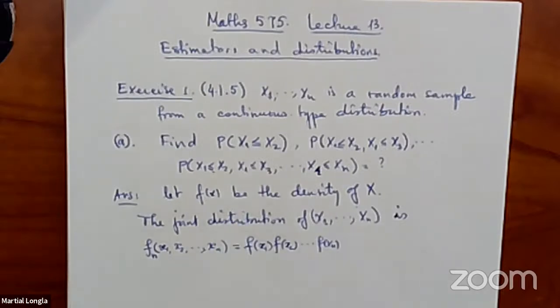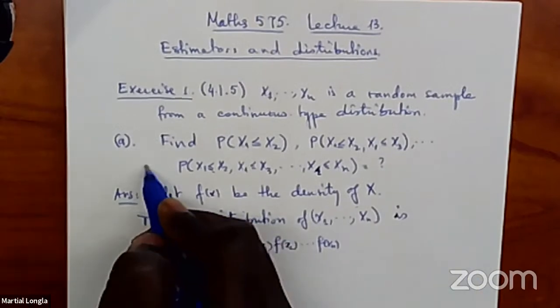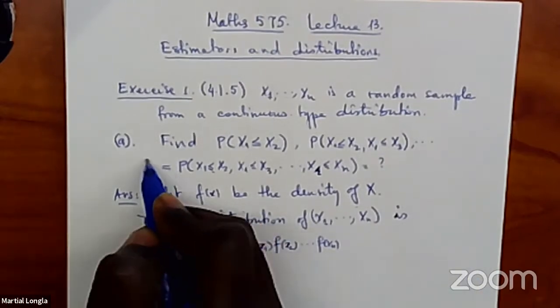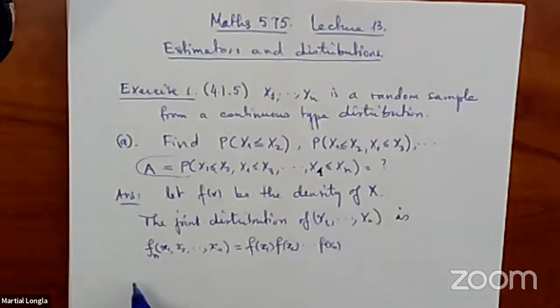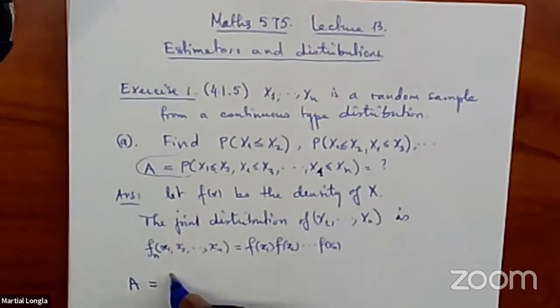And over that set, let me call this thing A, okay? I'm denoting this thing A just to not have to write it down again. So A is equal to the integral. There are several integrals there. There are n of them.